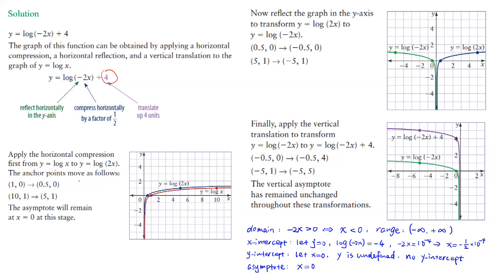The anchor points move as follows: (1, 0) to (0.5, 0), and (10, 1) moves to (5, 1), right? And the asymptote will remain at x equals 0 at this stage.